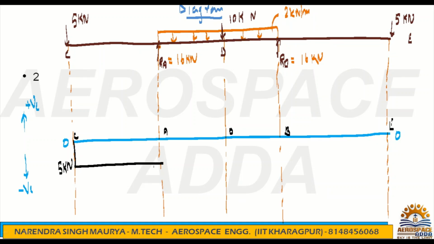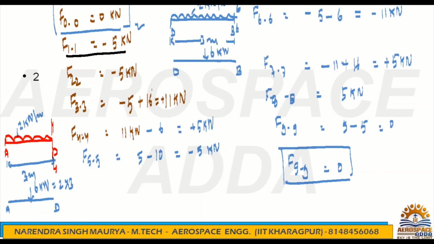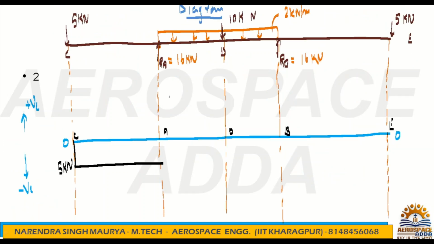But what is the 3-3? 3-3 becomes 11, positive. It becomes positive now, and positive means it will go in the upward direction. So up to this it was 5 kilonewton, but here it becomes 11 kilonewton. This is 3-3.